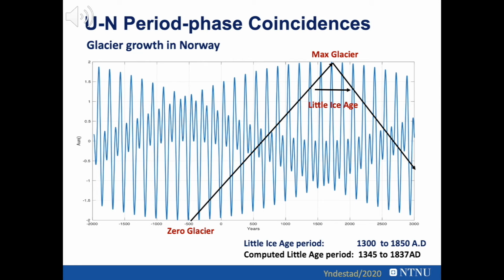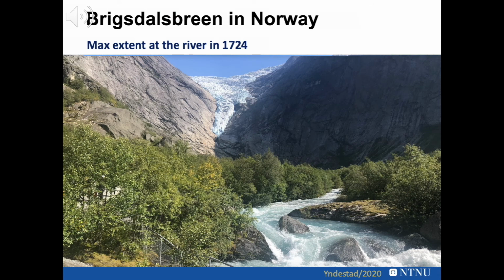Looking for new Uranus-Neptune coincidences forward to the year 3000, the figure indicates that we may expect a new set of cold and warm climate periods. This is the Briksdal Glacier in Norway.